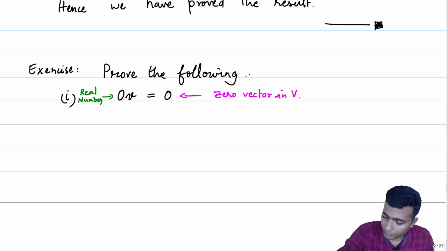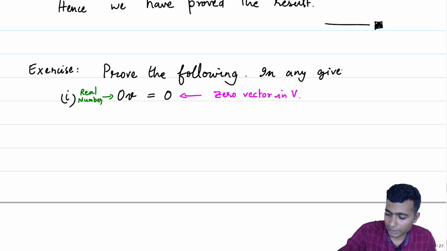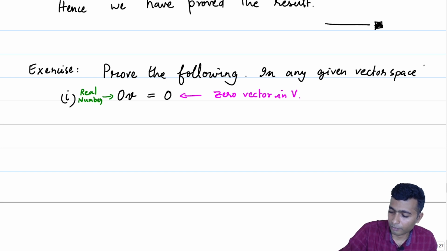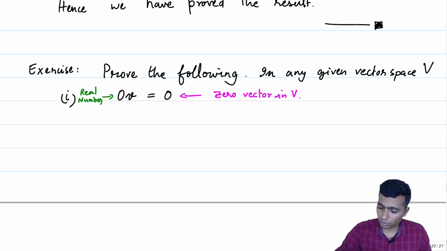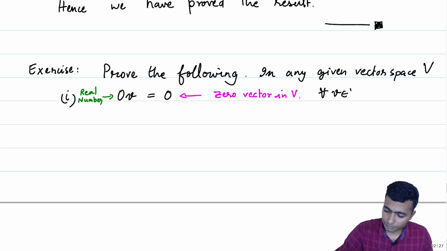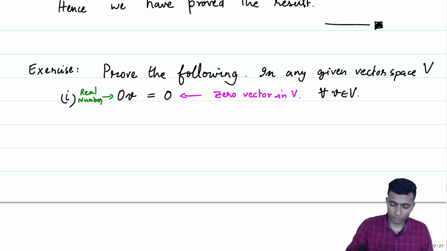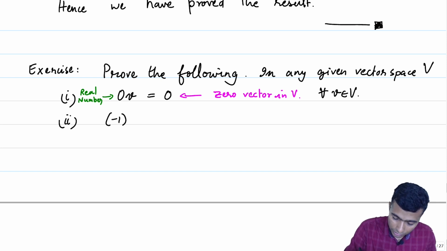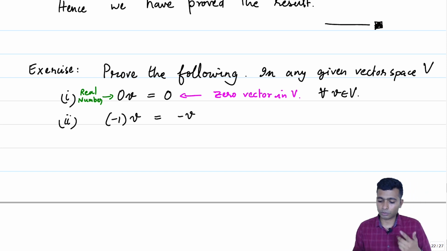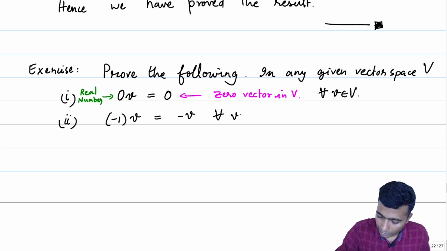To prove the following, in any given vector space V, so this is true for all V in capital V. Okay, what next? Prove that if you look at minus 1 times V, this will give you minus V. So, for all V in capital V, what is minus V?